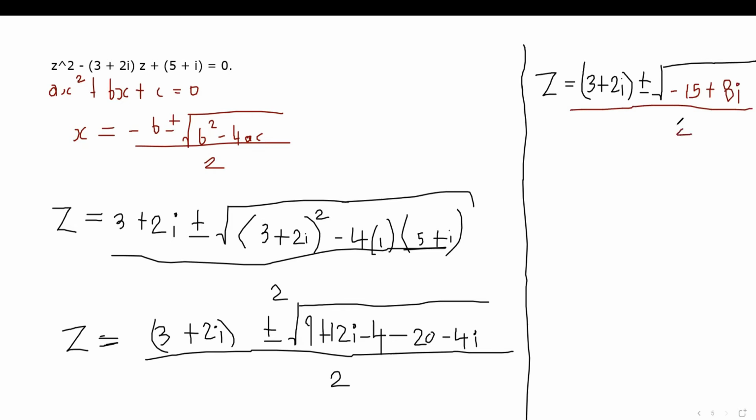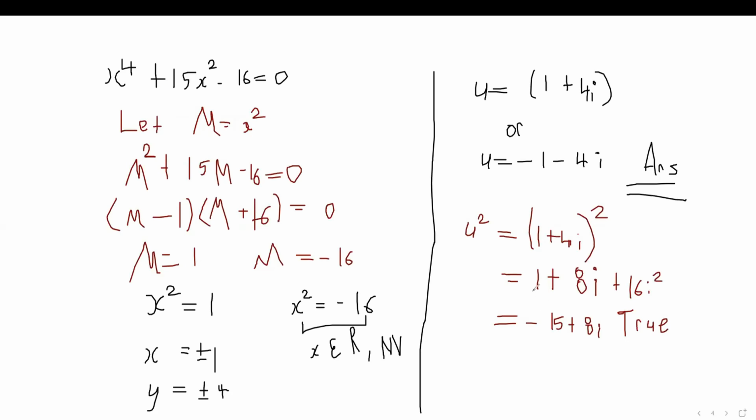Now look here, go back to around here. Remember we said that u squared is equal to negative 15 plus 8i. U squared, what was u?